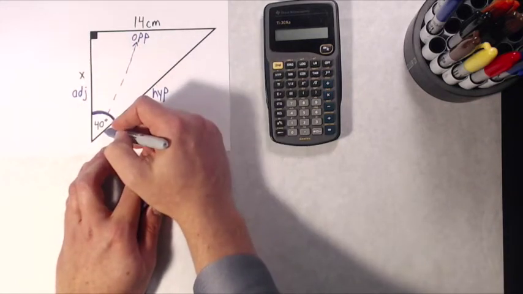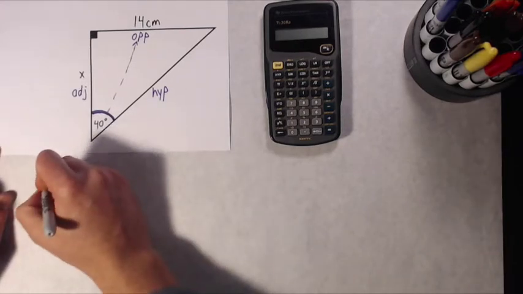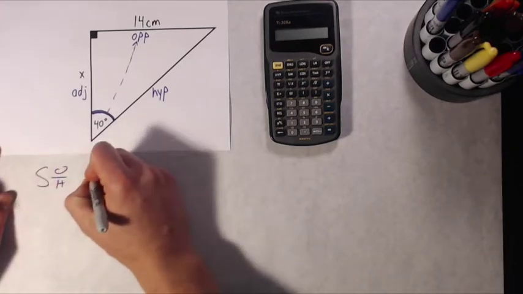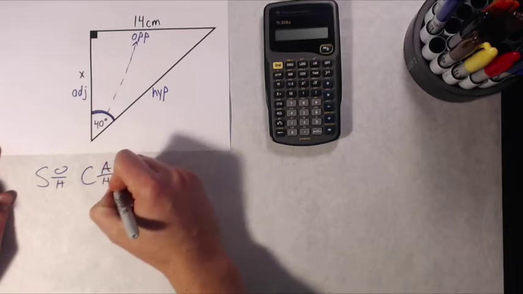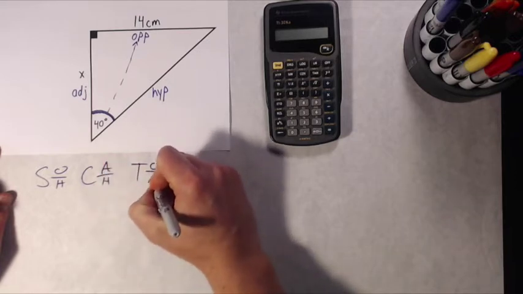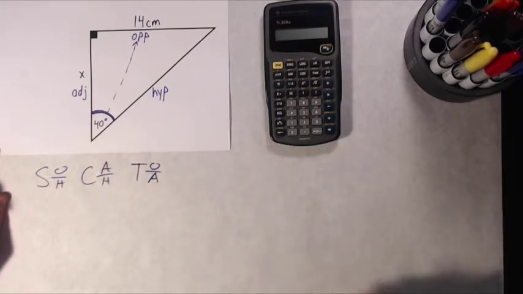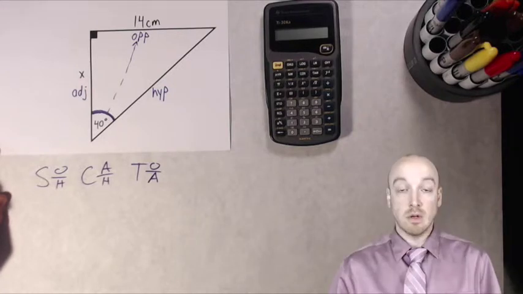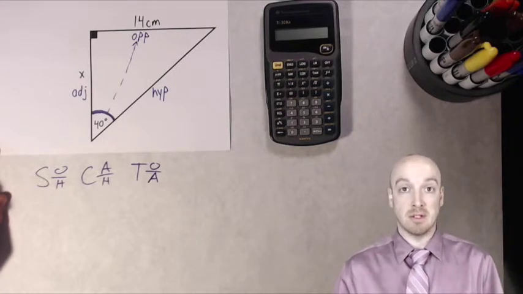The next step here is to write out SOH CAH TOA to figure out which of these formulas is going to help me in this question. SOH CAH TOA is actually three separate formulas, and we can only ever use one formula at a time. So let's see what we have to do to choose the right one between SOH, CAH, and TOA so we can answer the question.